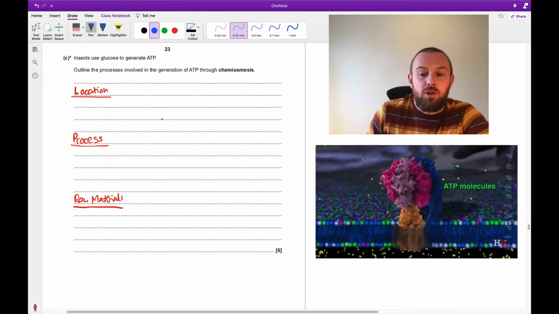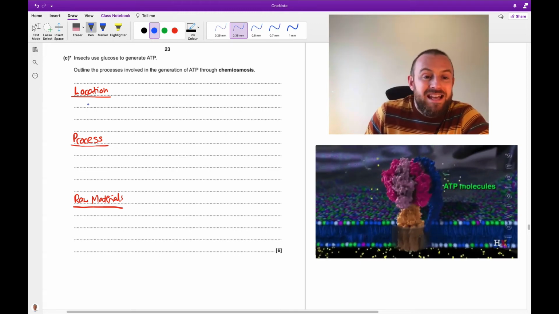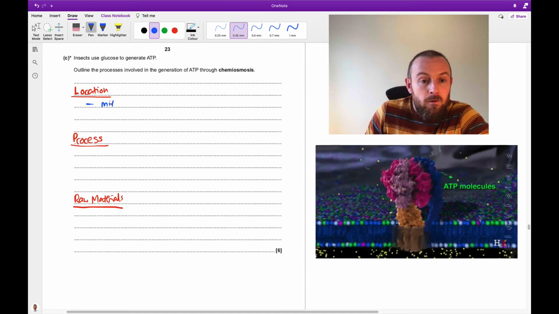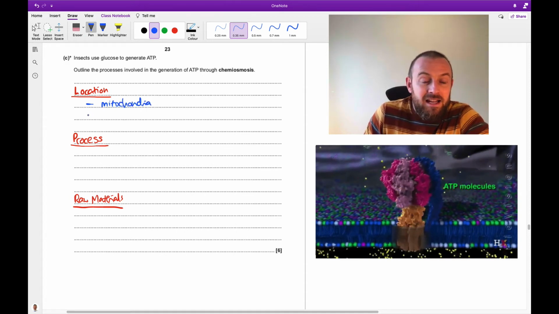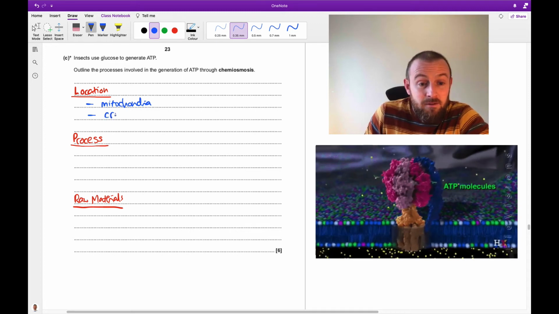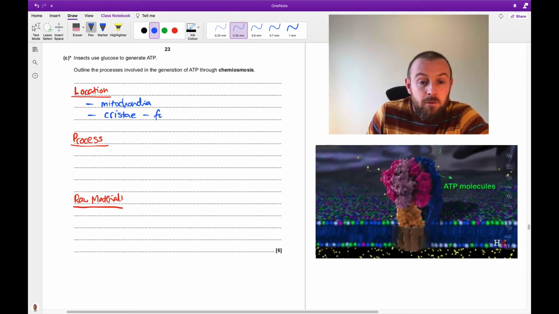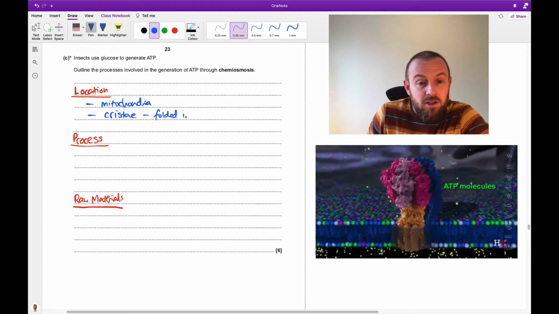Okay, so first of all, the location. Where is this taking place? Well, this is taking place in the mitochondria, and it's taking place on the cristae, which is the folded inner mitochondrial membrane.